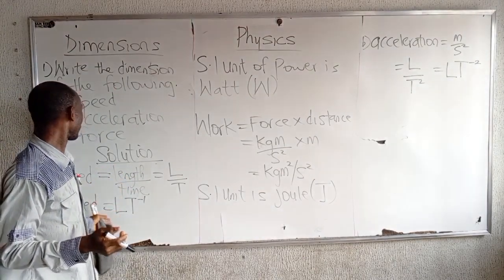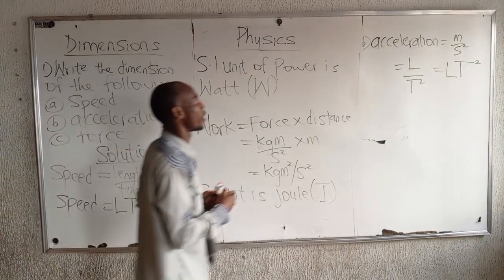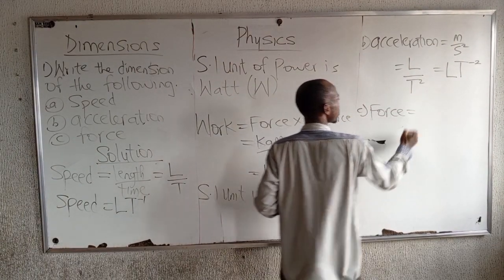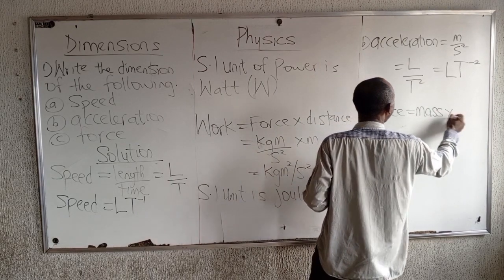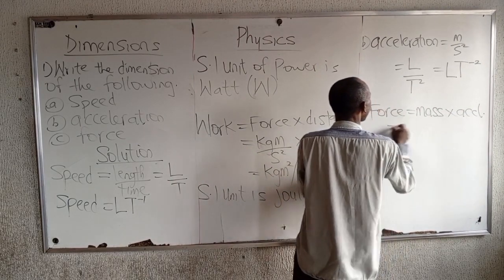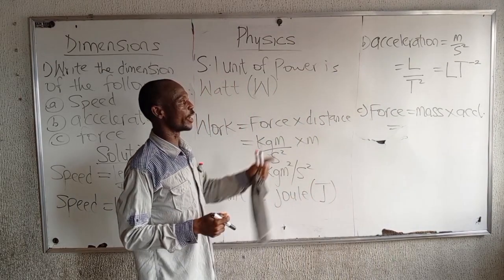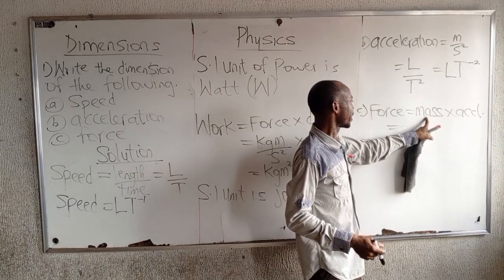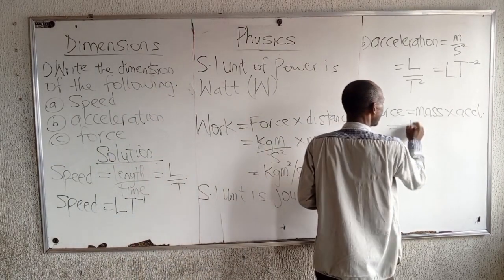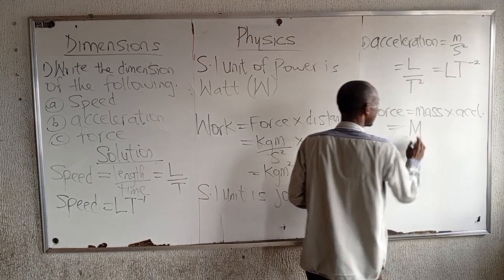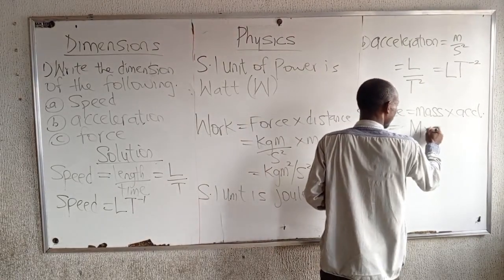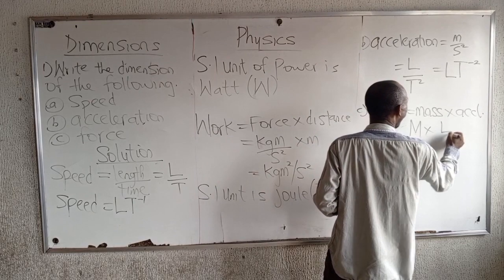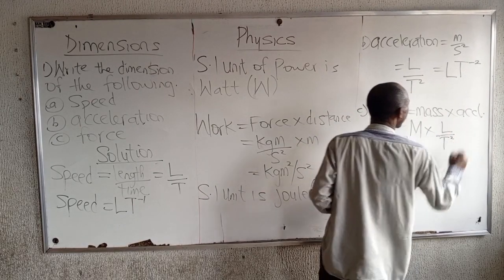So we have written the dimension of acceleration. Now let's look at the next one. Dimension for force. Force is equal to mass times acceleration. And what is the unit for mass? Mass means M. So we can take capital letter M times our acceleration, which was given to us to be L all over t squared.